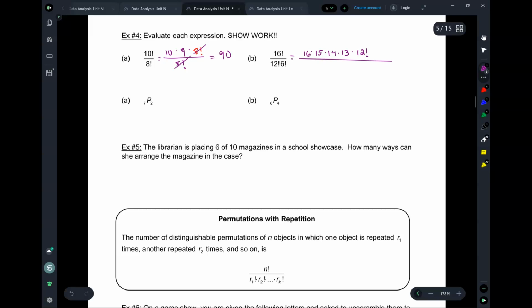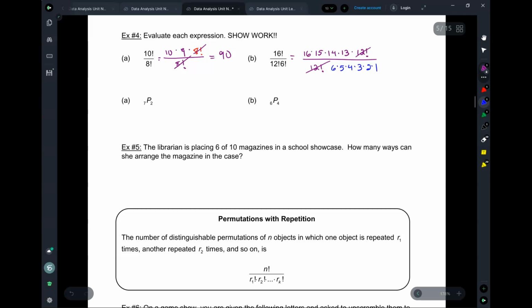Starting at this point, it's 12 factorial. I stop there because that's the number I have in the bottom. So 12 factorial over 6 factorial. But hang on, what's 6 factorial? 6, 5, 4, 3, 2, 1. So look at what I do. 12 factorial goes with 12 factorial.